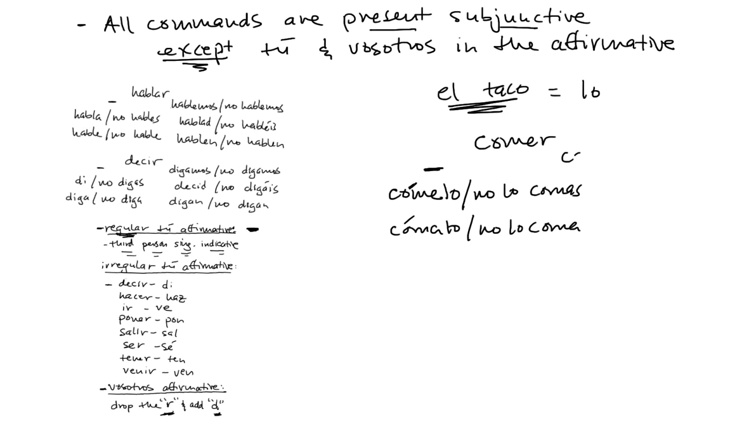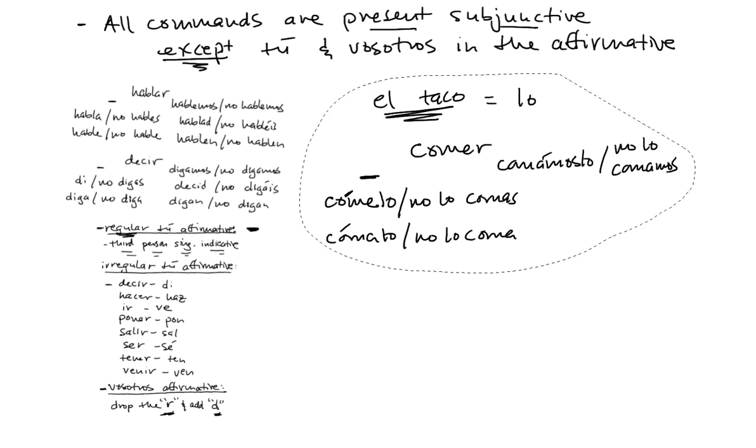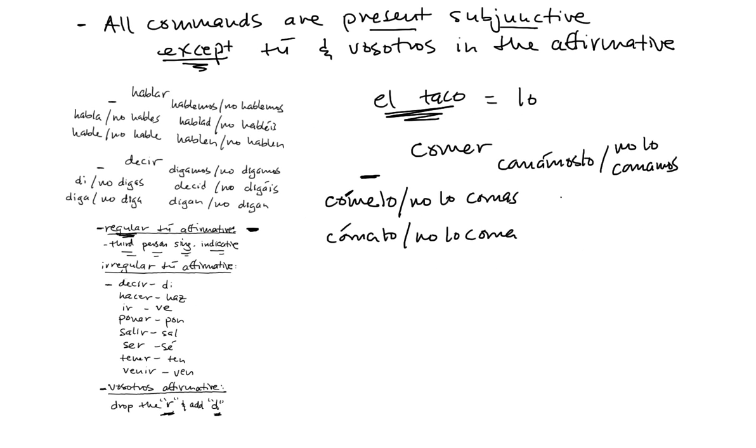Nosotros, comámoslo. Negative, no lo comamos. Okay, maybe we should move this whole thing over a little bit. Give ourselves a little bit more room to write. Vosotros, comed, drop the R, add the D. Comedlo.